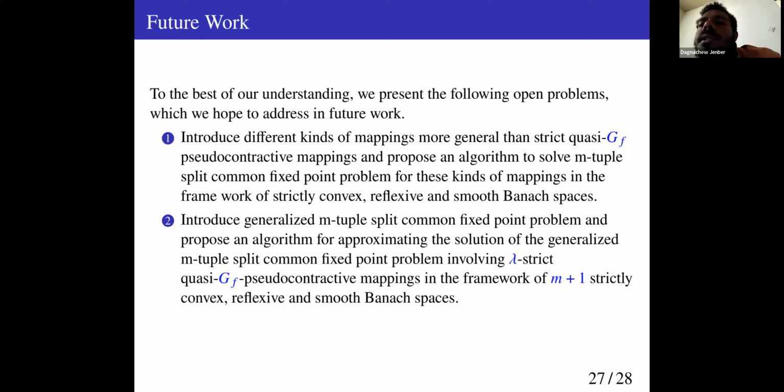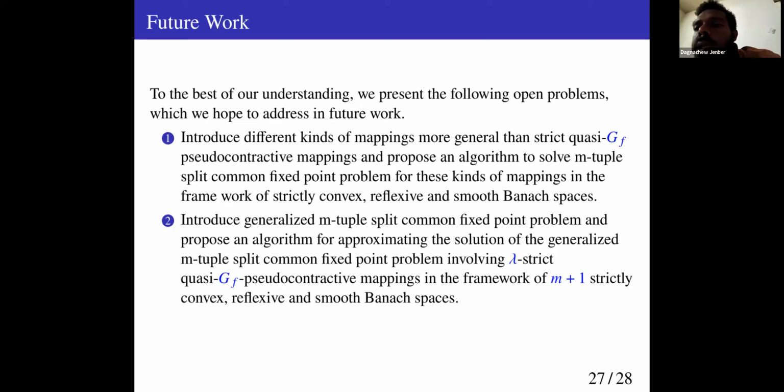In our future work, we want to broaden the space from uniformly convex and smooth to strictly convex, reflexive, and smooth Banach spaces. And as a second future work, we want to introduce a generalized m-tuple split common fixed point problem and propose an algorithm for approximating its solution involving lambda strict quasi-J pseudo-contracting mappings in the framework of m+1 strictly convex, reflexive, and smooth Banach spaces.